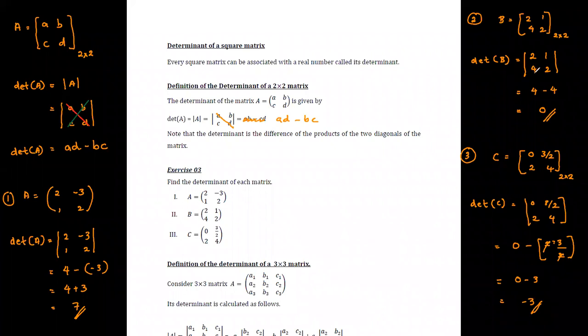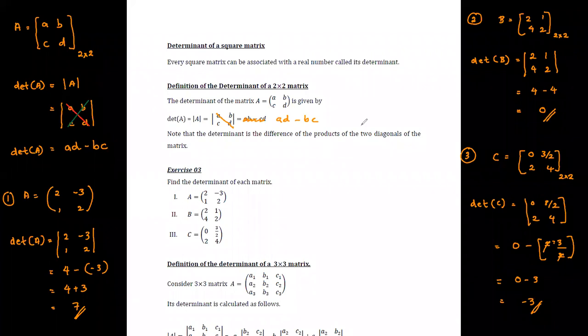In the modulus notation we are taking the magnitude only, but this is just a notation used for the concept of calculating the determinant of a matrix. No need to worry about the sign or notation you are using here. What you have to keep in mind is that you obtain the determinant of a 2 by 2 matrix by taking the difference of the products of the diagonal elements, and this value can be positive, 0, or negative.